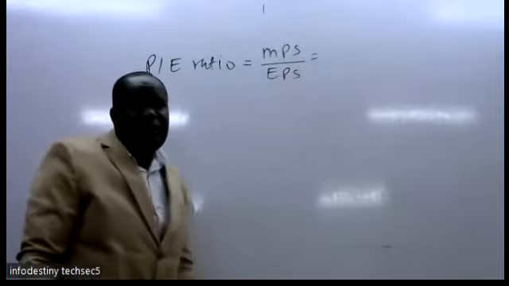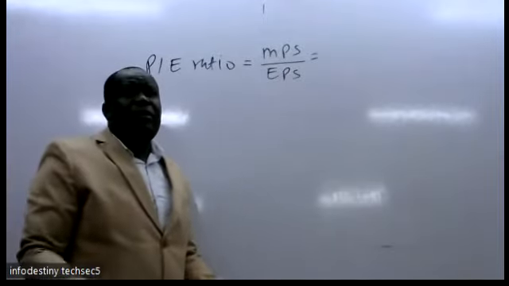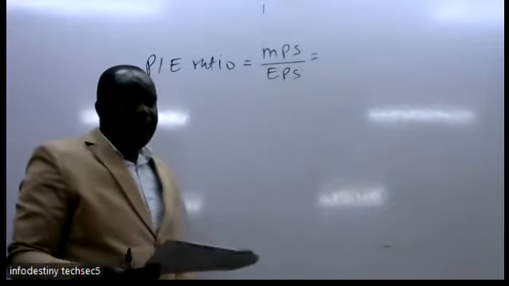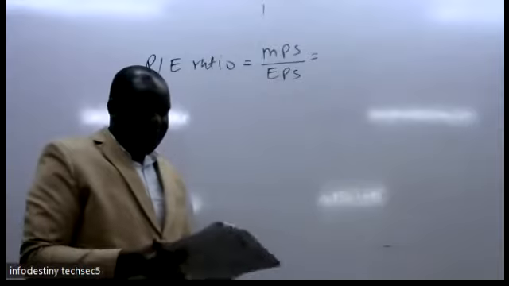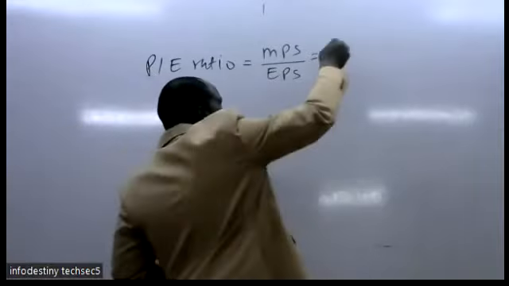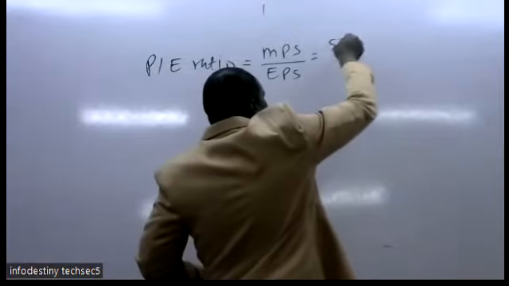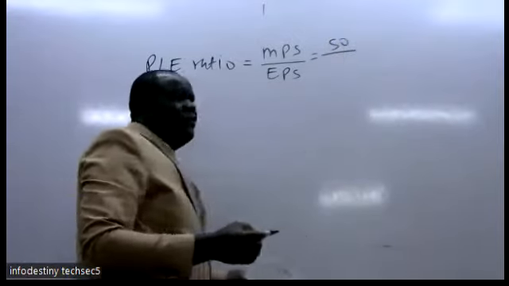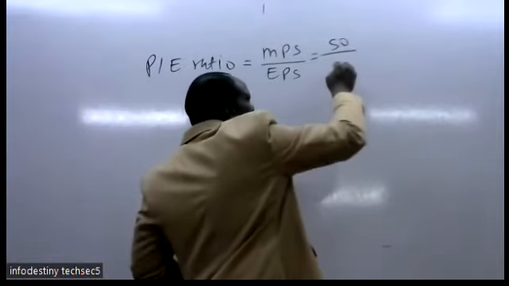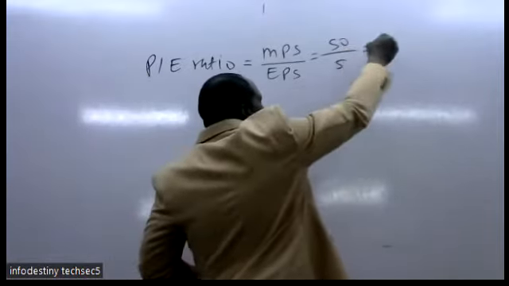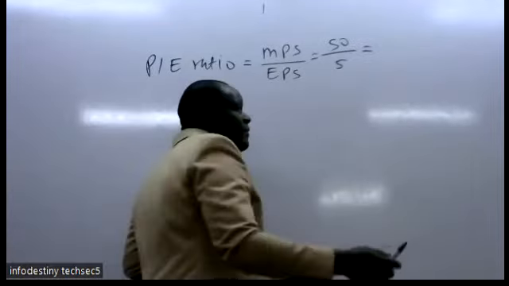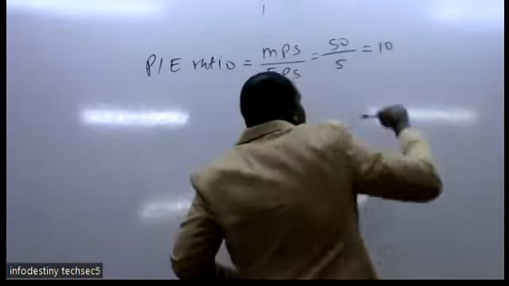So we are calculating for Chilulu. Before, what was the market price per share for Chilulu? It was 50. Then you divide by the earning per share, which was 5. So when we divide, we are getting a value of 10.